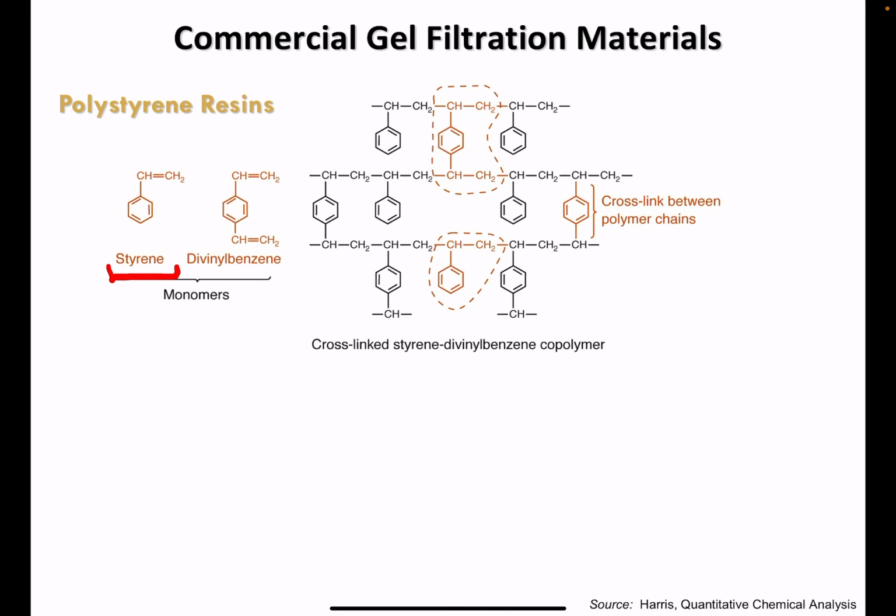But crosslinking was needed to stabilize it. So in order to crosslink it, we install the same polymerizable group on the opposite end of the vinyl benzene, which is styrene. So styrene can also be described as vinyl benzene. And hopefully the terminology of divinyl benzene makes a lot more sense to you.